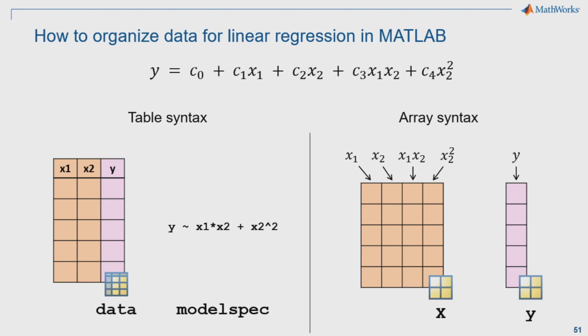So for instance, with a model specification like this, in which you want x1, x2, x1 times x2 and x2 squared, you should organize the X matrix, in this case, if you want to use the array syntax, by providing x1, x2, a column with x1 multiplied by x2, and a column with the elements of x2 squared.